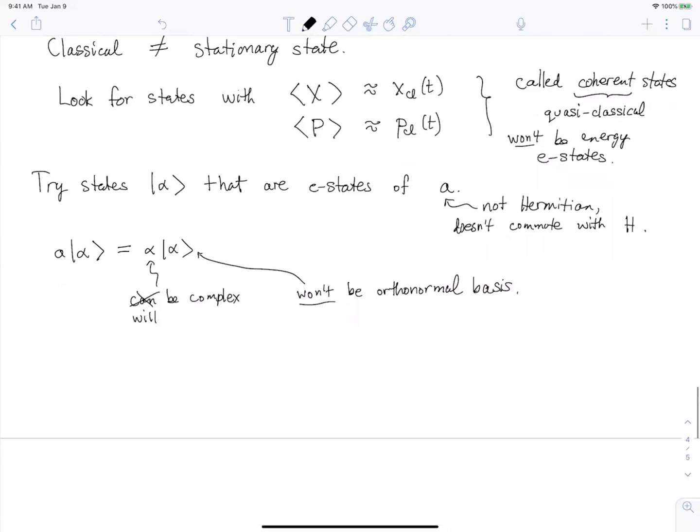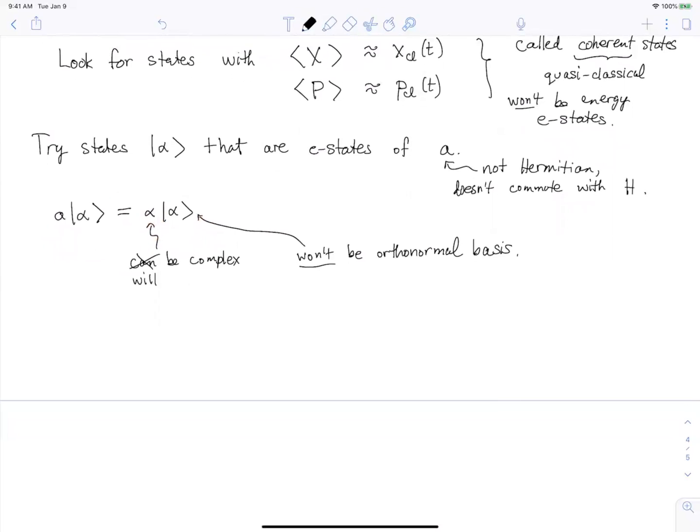Okay, so having guessed that these are the states we want, we have to solve this eigenvalue problem simultaneously for the number alpha and for the ket alpha. And so to do that, we're just going to try the most general thing it could possibly be. We're going to write alpha as a sum over all the energy eigenstates, so we're working in the energy basis, with arbitrary coefficients C sub n times the basis elements.